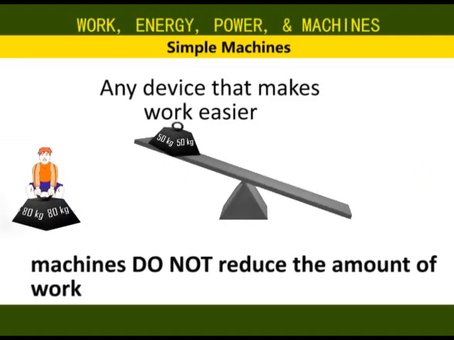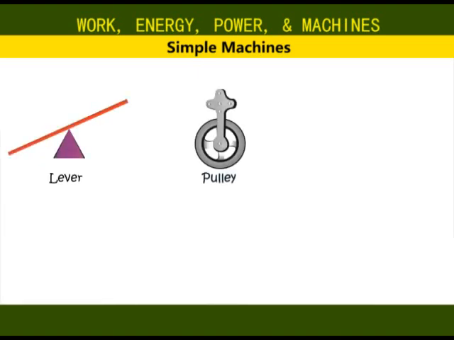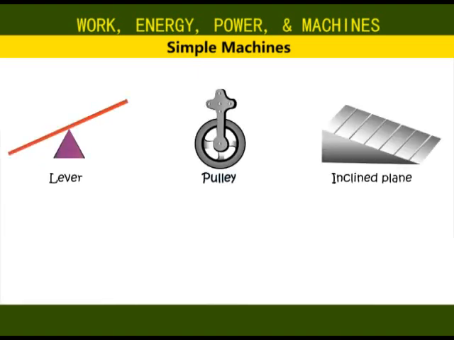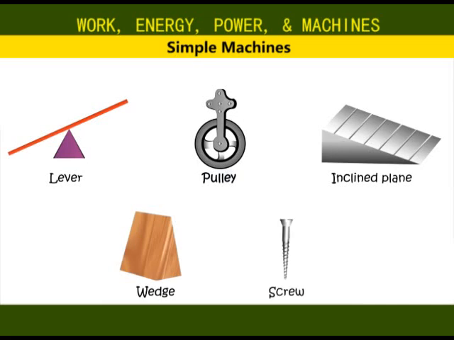But machines do not reduce or decrease the amount of work done. Instead, they change the way work is done, usually by multiplying the applied force. In this chapter, we will talk about 6 simple machines: a lever, an inclined plane, a pulley, a screw, and a wheel and axle.